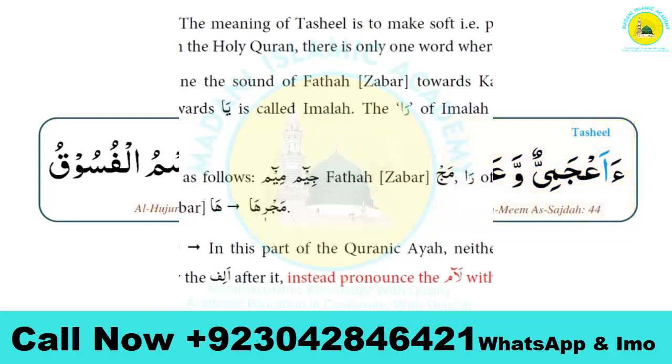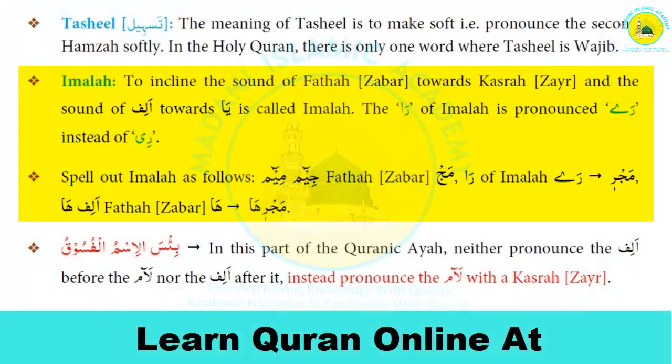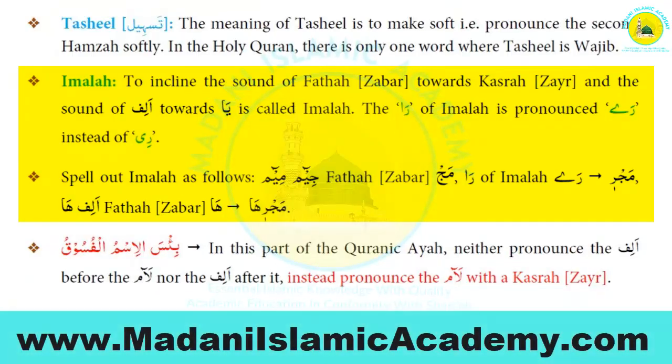Now let's look at imala. To incline the sound of fatha, zabar, towards the zair, and the sound of alif towards the ya is called imala. The ra of imala is pronounced re instead of ri.